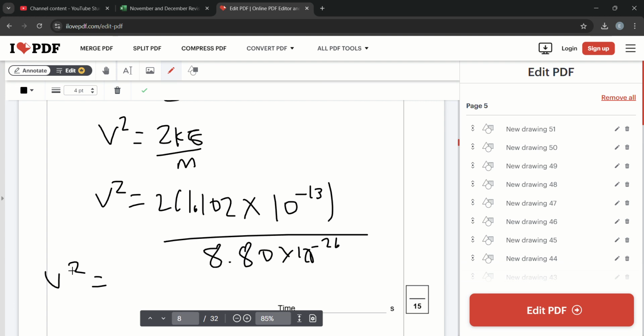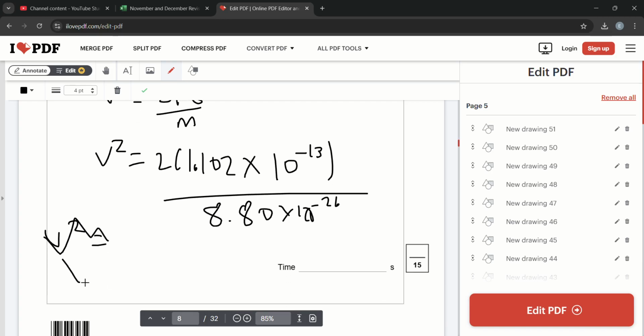And then square root the answer. Therefore you get velocity. Obviously in an exam, show velocity squared is equal to that and then square root.